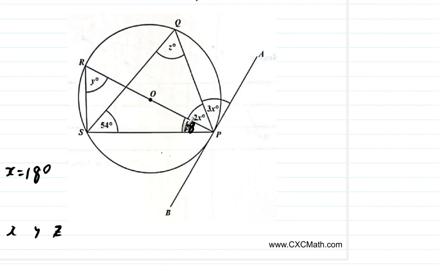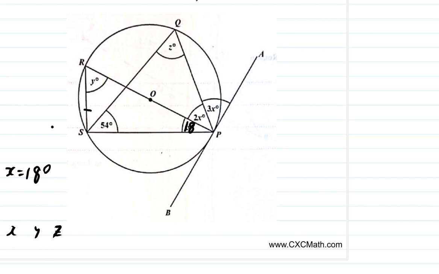In that triangle, S is 18 degrees. What is this angle here? Remember, if you already know two angles, you can figure out the third angle, because all angles must add up to 180 degrees. Question is, what would be that third angle?